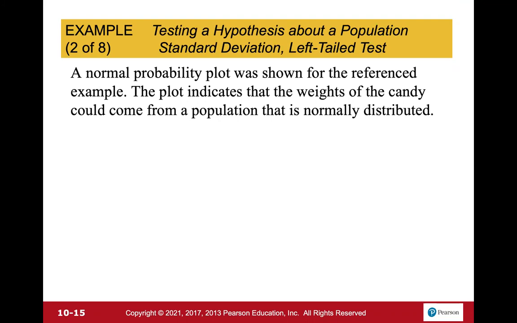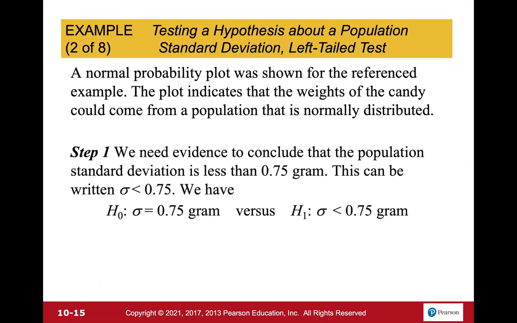So the normal probability plot for the reference example indicates that the weights of candy could come from a population that is normally distributed. Step one, we need evidence to conclude that the population standard deviation is less than 0.75 grams. So this can be written like this: left tail test.